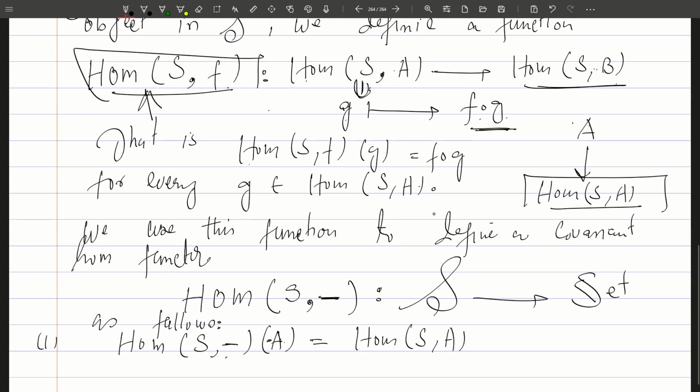One can see that this is a set, so it is an object in the category Set.